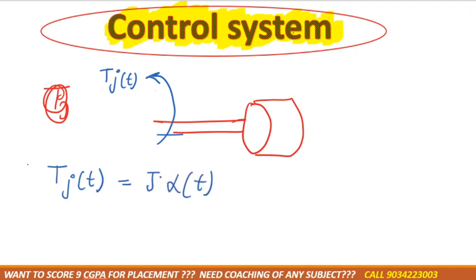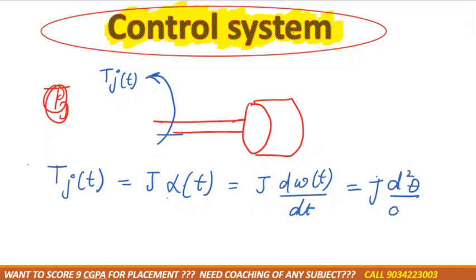Alpha is the acceleration, which is equal to d by dt of velocity. So it would be d omega of t by dt, and it would be J d square theta divided by dt square, right?